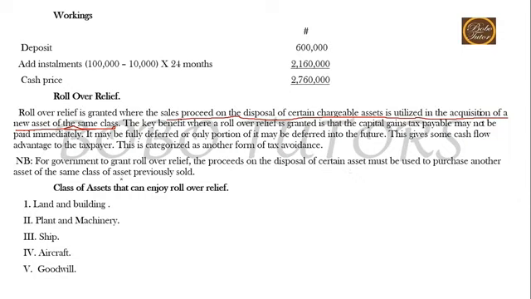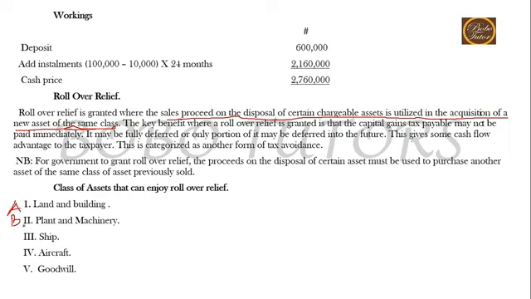I've explained that earlier. Now, not all assets can enjoy rollover relief. We only have this class of assets. So this is class A and this is class B. Class B is B1, B2, B3, and B4, stuff like that.